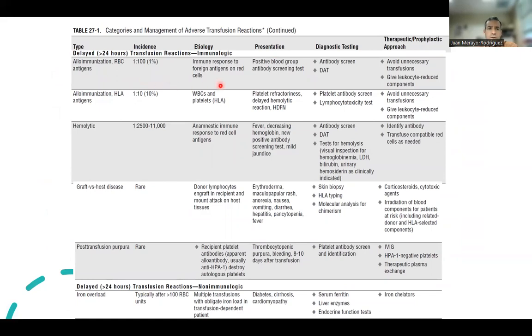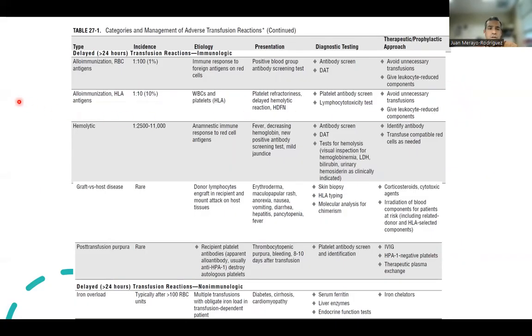It's an immune response to foreign antigens on red cells. They present with positive blood group antibody screen test. And the diagnostic test, of course, is going to be the antibody screen and the DAT. And the therapeutic prophylactic approach will be to avoid unnecessary transfusions and give leukocyte-reduced components to prevent these kind of reactions.